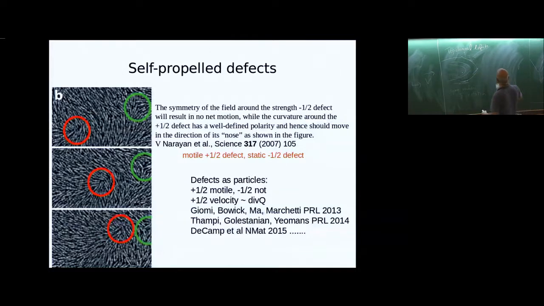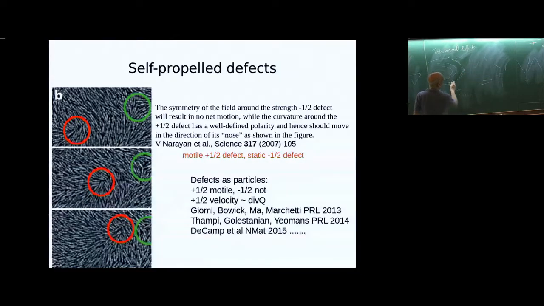The other kind of defect is where, as you go around a point, you go from pointing like this to like that, like that, and like that. So here what's happened is you've gone through minus pi. Here you've gone through plus pi. Now if you look at the structure around this, it's like it's pointing this way here.